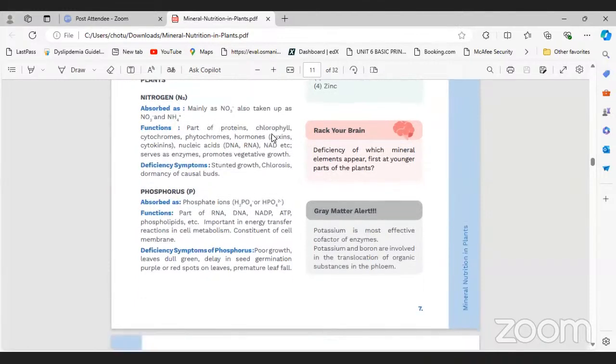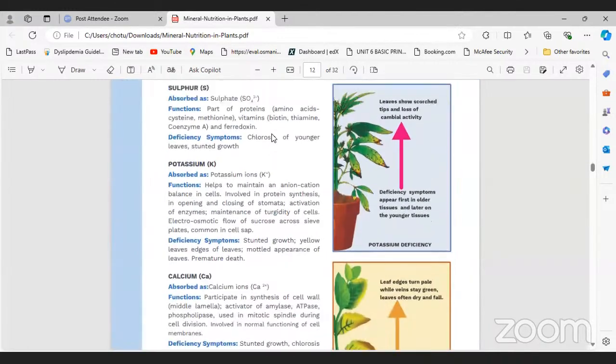This is potassium deficiency. See, when potassium is less, the leaves dry. Deficiency appears first in older tissue, then later in younger tissue. Leaves show spots at the tips, and there is loss of cambial activity. See, this is potassium.